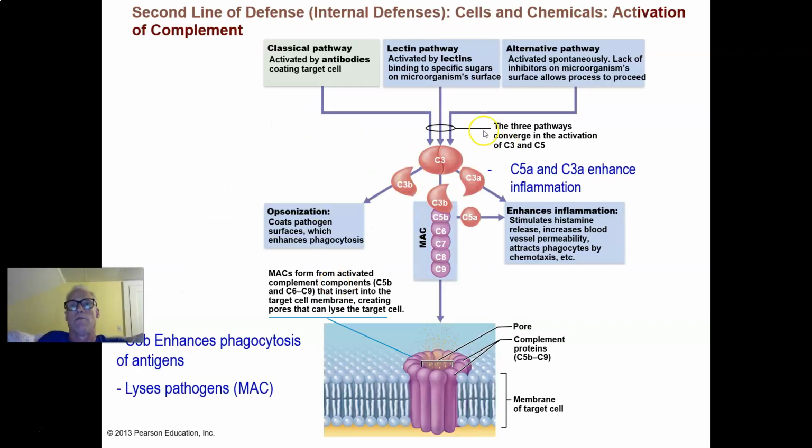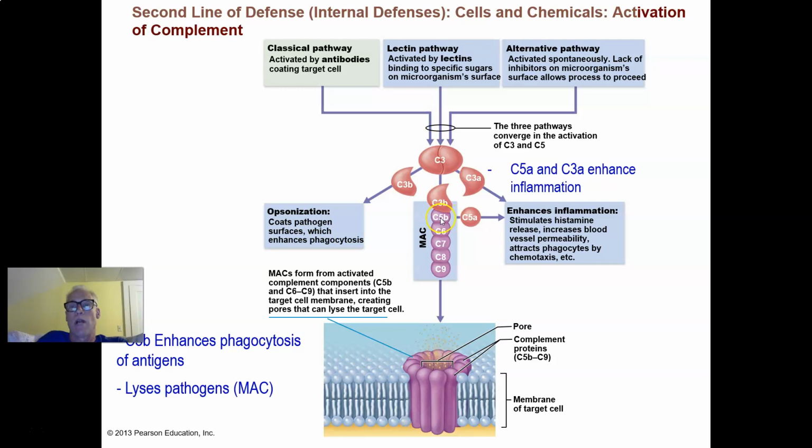So here's a little schematic diagram. The C3 complement factor can be cleaved by the activation of any of these 3 pathways we talked about, for example antibody-antigen complexes forming on the surface of a bacteria. If that's the case, then the C3 will be cleaved. The C3b will coat the bacteria, which will make it tasty for macrophages, phagocytosis, but also the C3b will combine with C5b.